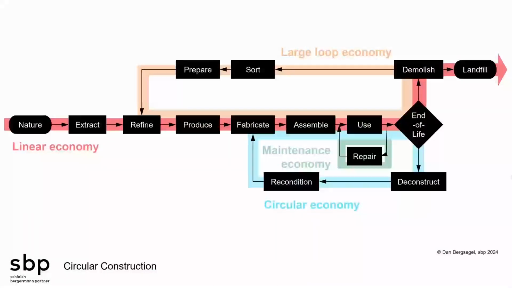So first, a diagram. Felix showed a really nice diagram of the circular ecosystem in his deck. So forgive me for this less finessed, total oversimplification. I think it's often useful to think about these four different construction economies as we talk about them. So first we have this linear economy, this direct red route. This is where we're extracting resources, using energy, and emitting carbon in each of these black boxes.